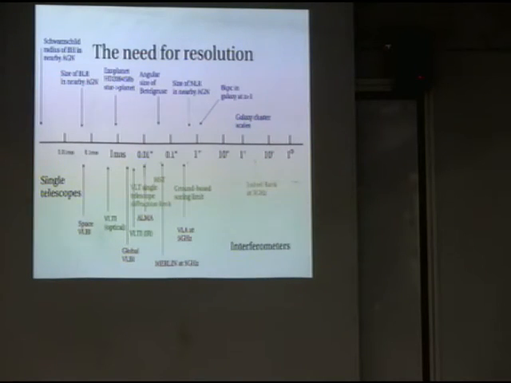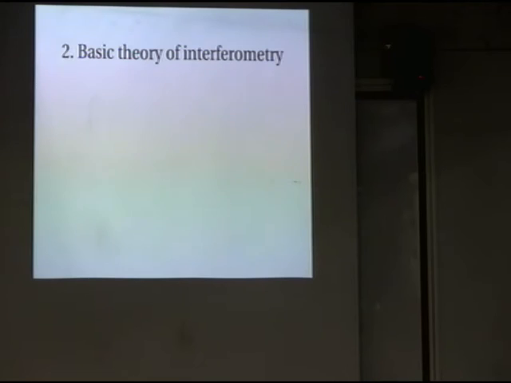But now, with the help of interferometry, the best resolutions can be achieved with radio. So the records of resolution come from radio observations with interferometers. Okay, so I will try to give you an intuitive idea of how an interferometer works. I hope I can manage.